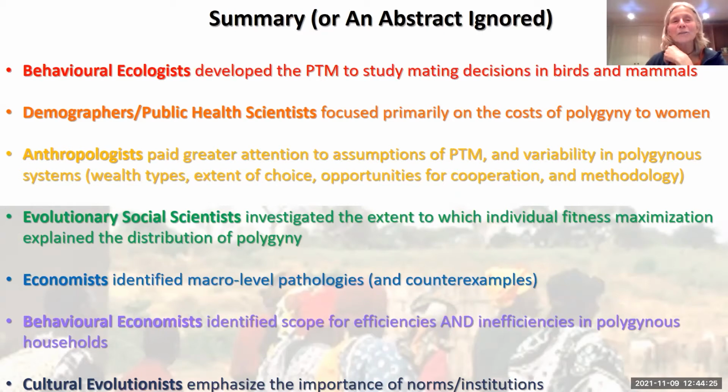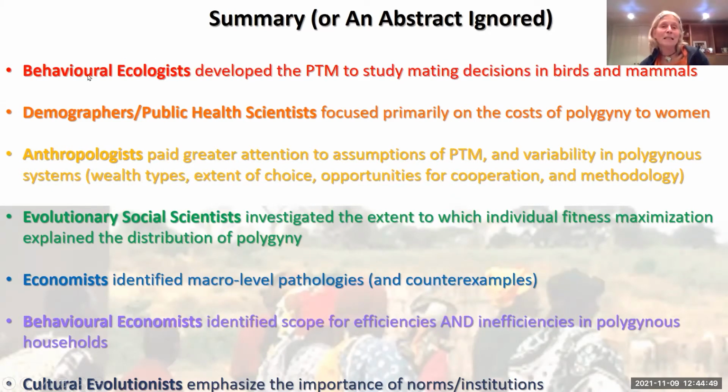I had planned, as Pete said, to trace the history of the polygyny threshold model through these different disciplines. It turned out it was going to be an incredibly boring talk, so I decided to change it entirely. But it is a useful framework for summarizing what I've been talking about today. So that's what I'm going to do here.